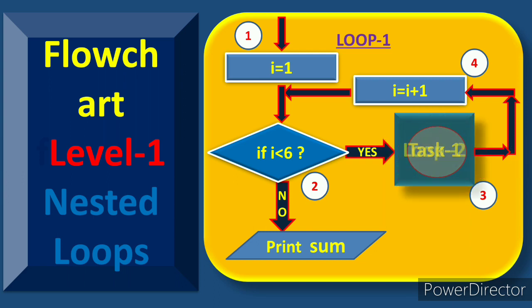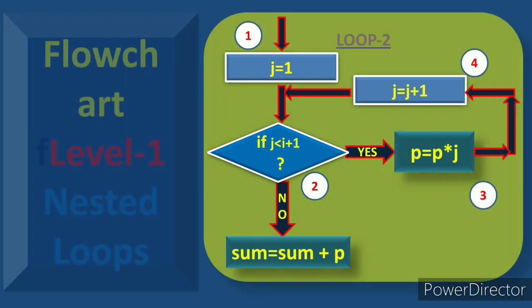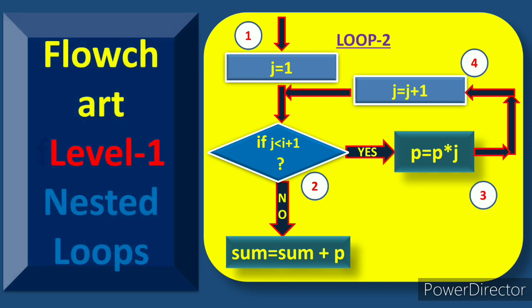Now let's check out loop number 2 also. The loop variable is different, that is j, and in the task, j is less than i plus 1, and what I am doing is p equals p into j. That means whatever the value of j is, it is multiplied and stored in a variable called the accumulator, that is p.